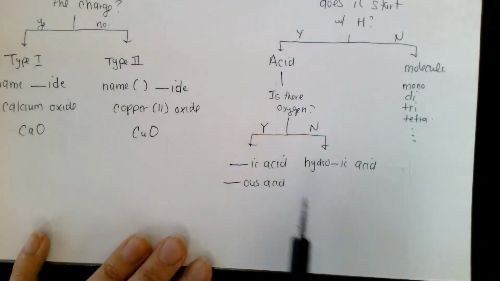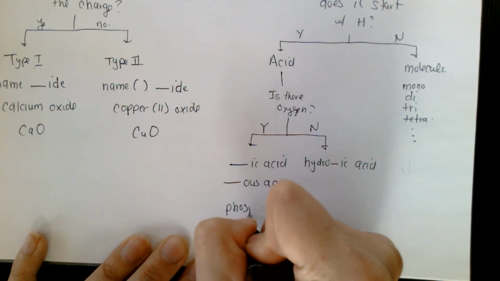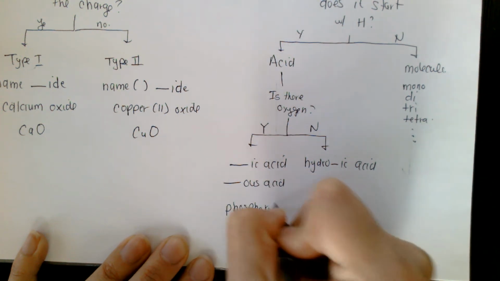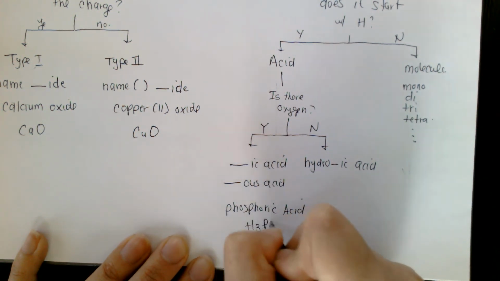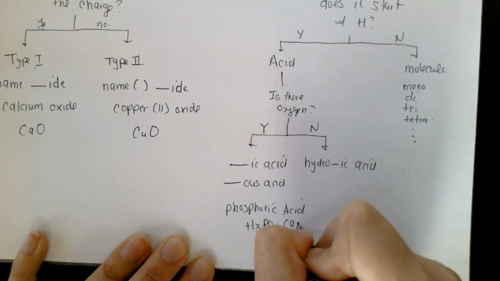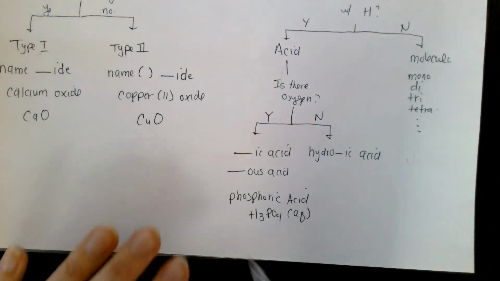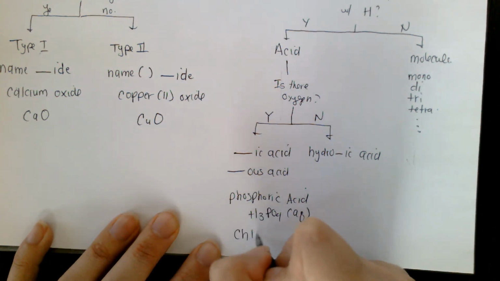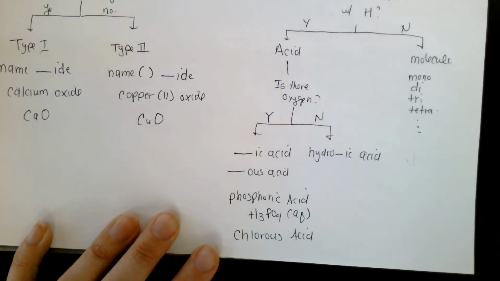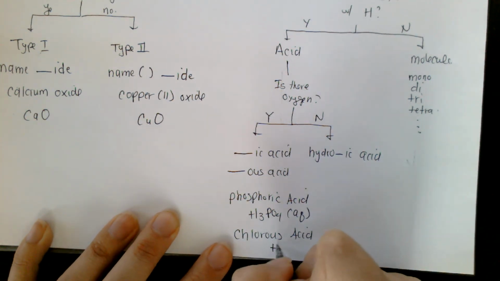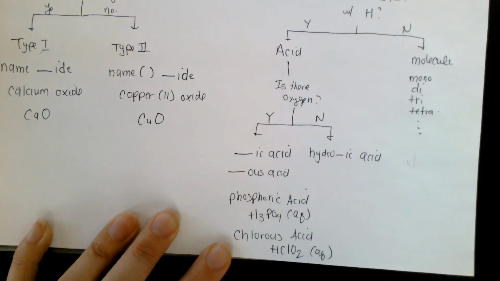Like we did over here, some examples that we saw: you can have phosphoric acid, which is H3PO4 (aq). And an -ous acid, we could have chlorous acid, which would be made from chlorite, which would be HClO2 (aq).